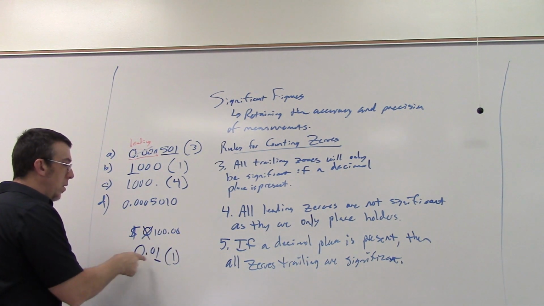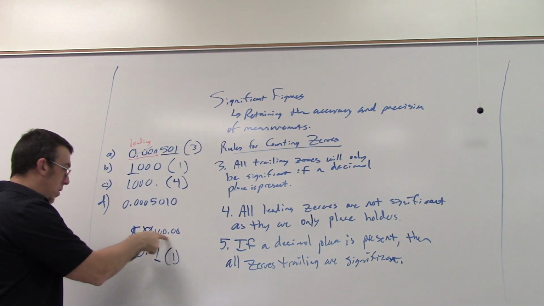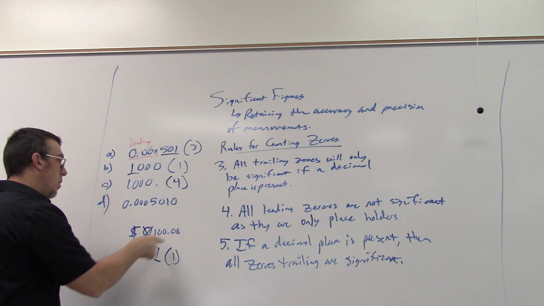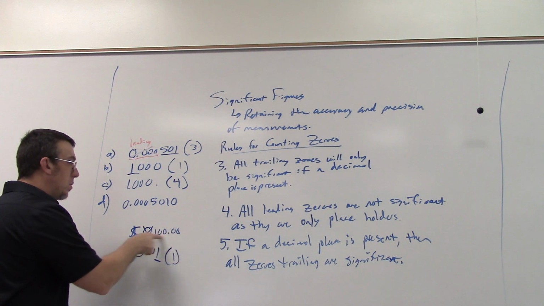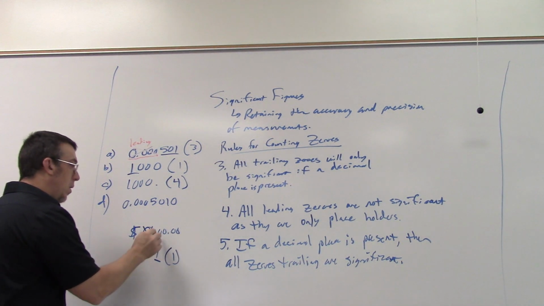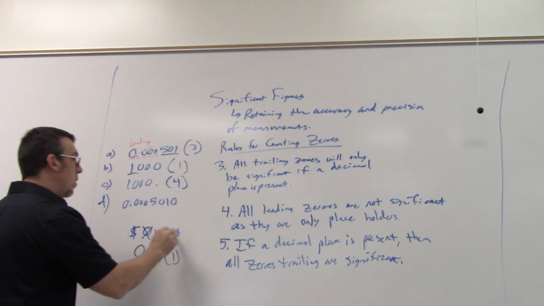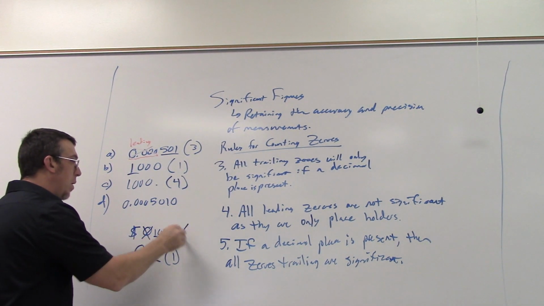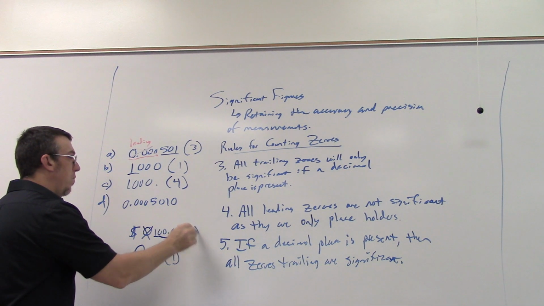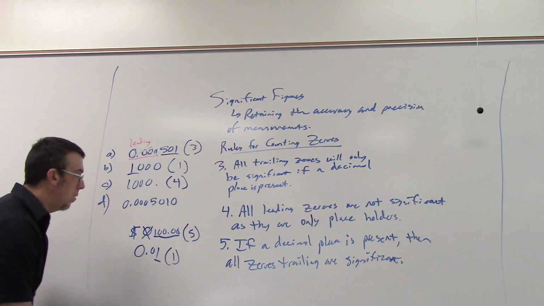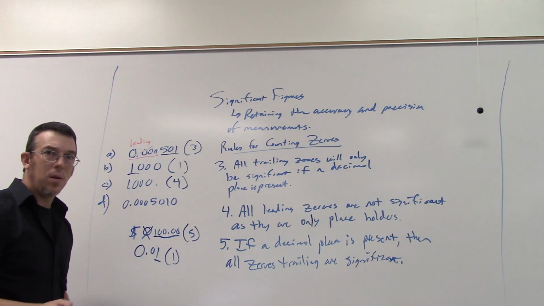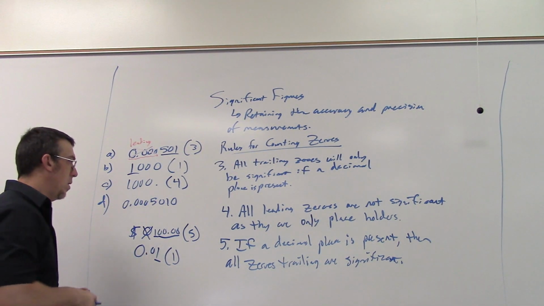So the trailing zeros, which this is trailing and this is leading, all right? The trailing zeros do count, but the leading zeros do not count. So we're going to count all these zeros, including the 1 here. So this would be an example of 5 sig figs, all right? So that would be an example of where the zeros do count. And remember that the thing that makes them count is the decimal place.